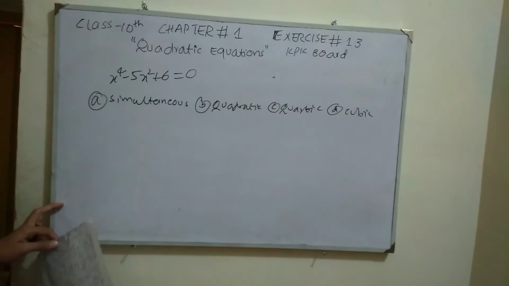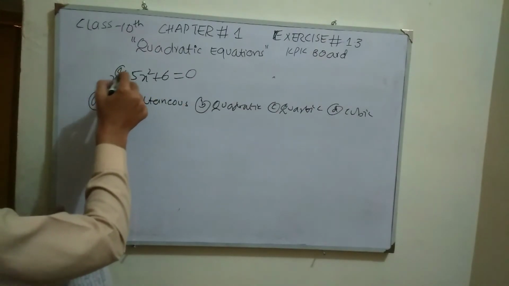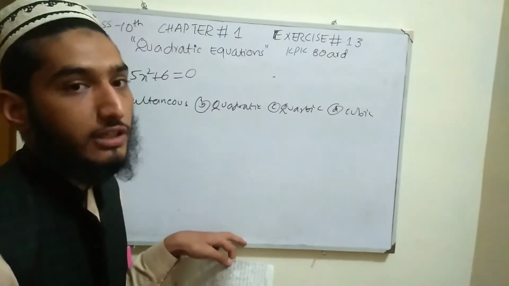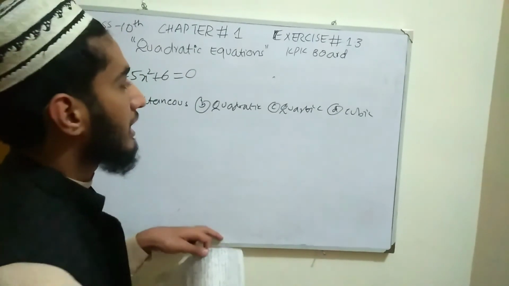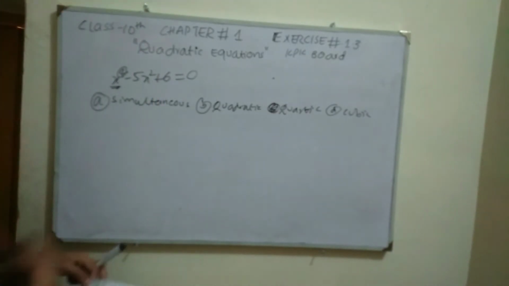You know that the highest power of the variable x in this equation is 4, and we already told in the definition of quadratic equation in exercise number 1.2 that those equations in which the highest power of the variable is 4 are called quadratic equations. So the correct choice is option number C.